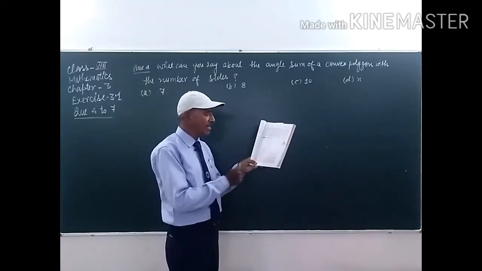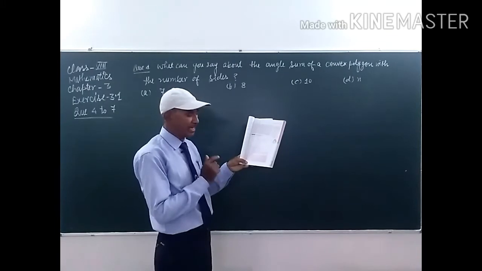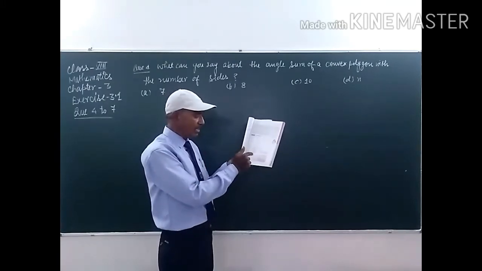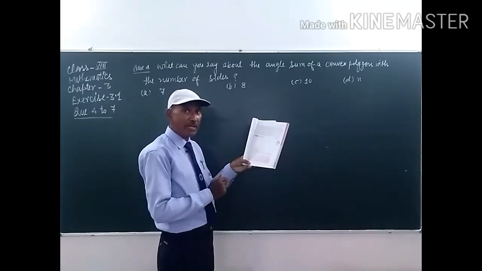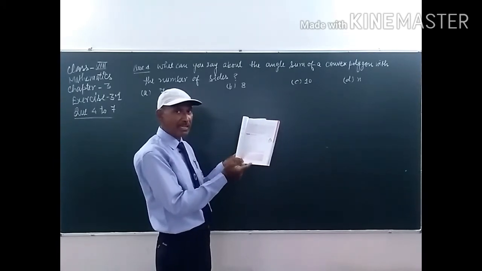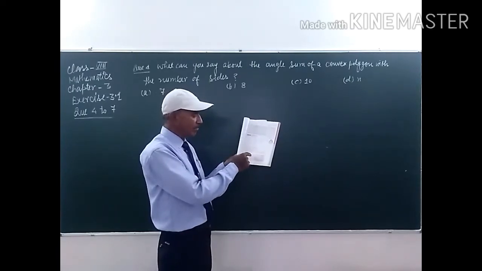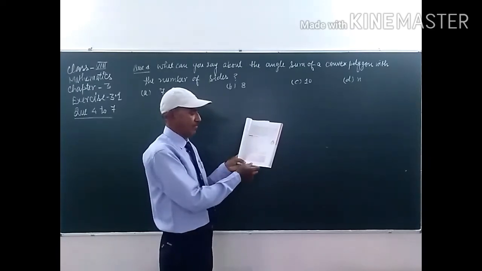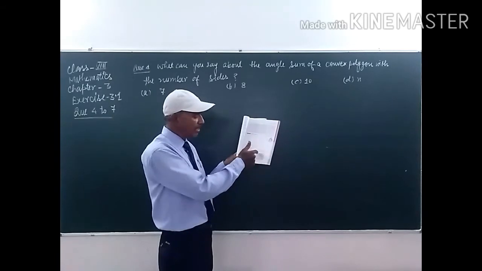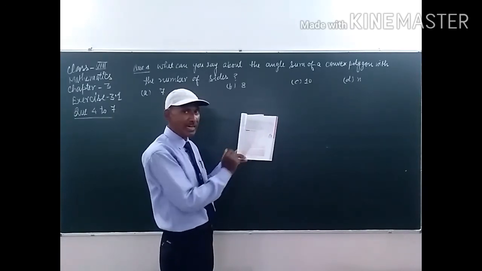And the second figure is a quadrilateral and it is divided into 2 triangles. So it is a 4-sided figure, so 4 minus 2 into 180, that is 360 degrees is the total sum of the interior angles. And this figure is a pentagon, students, and the figure is divided into 3 triangles.